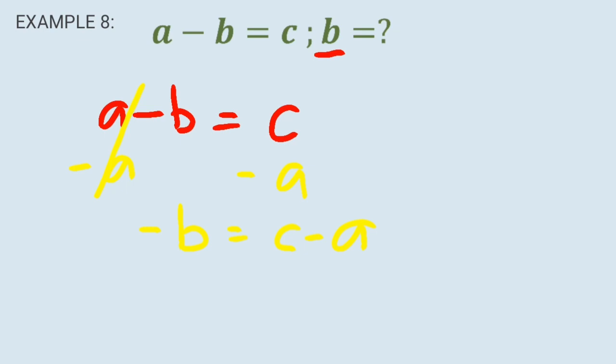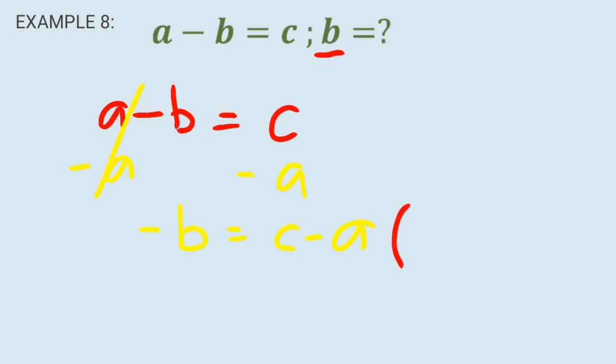What do you think? Actually, this is not our final answer. If you observe, we are asked what is b, and our expression here is negative b. So it is not the final answer. What we are going to do is multiply negative 1 on both sides.